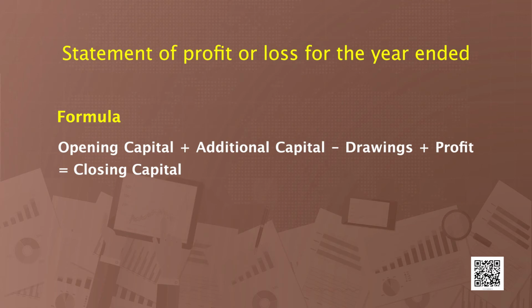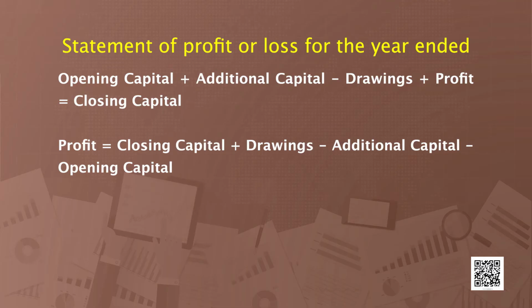Now, in case the business earns profit, it must be added, and in case he has suffered a loss, it should be subtracted according to the situation, and the result would be closing capital, right?